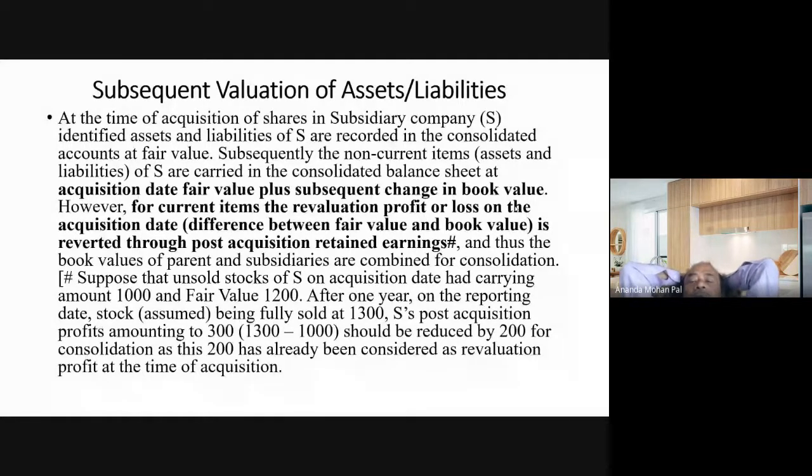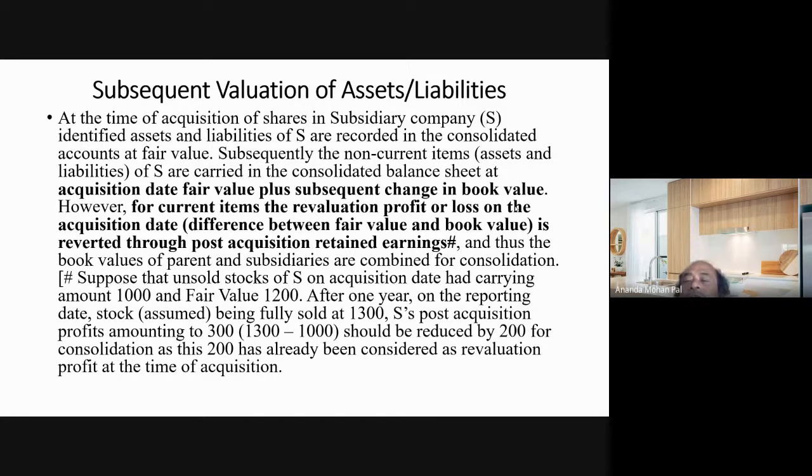On the earlier date, that is 1 year before, the book value was 4 lakhs. Fair value 5 lakhs, book value 4 lakhs. Now that book value has risen to 4,50,000. So there is an increase in book value by 50,000 during the year.